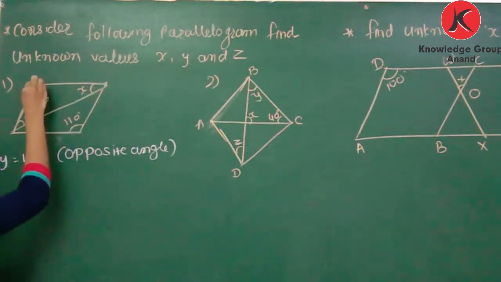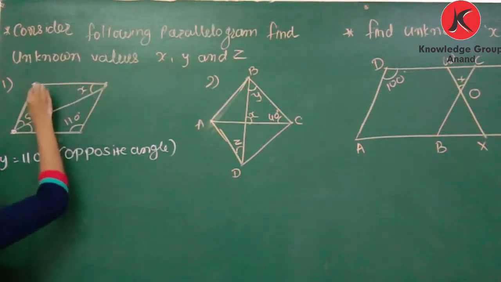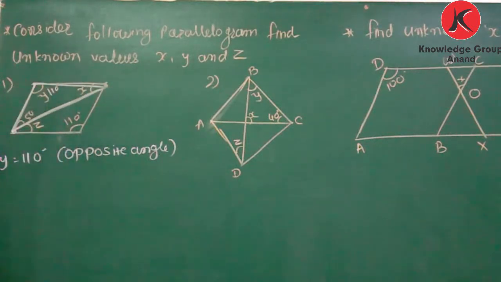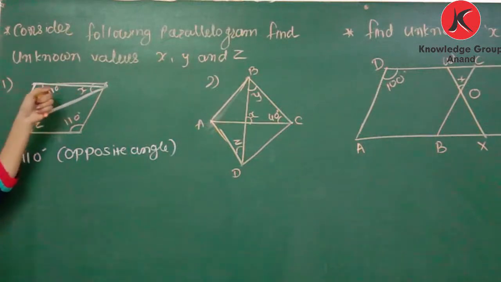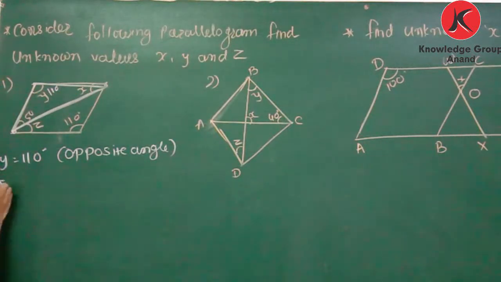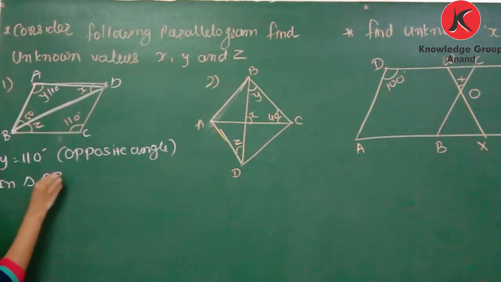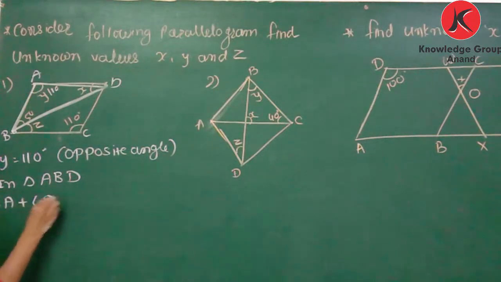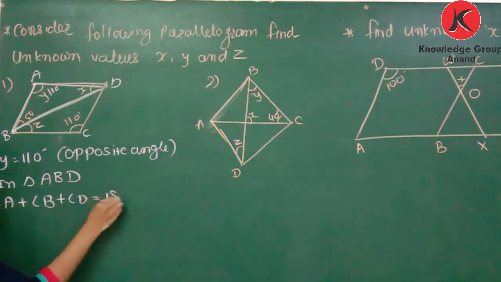Now you can consider this triangle. If we have the values of two angles in a triangle, we can find the one unknown angle. So if we give the names A, B, C, D, in triangle ABD, angle A plus angle B plus angle D is equal to 180.